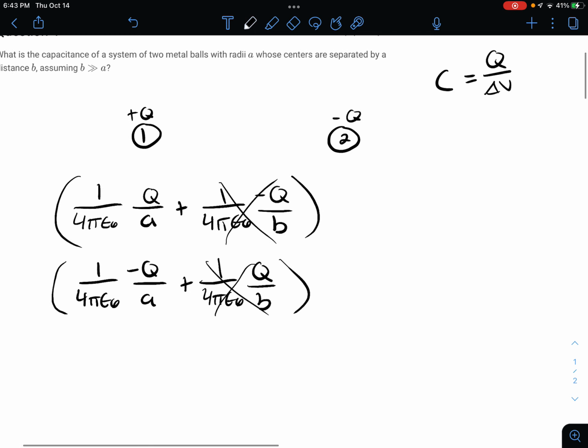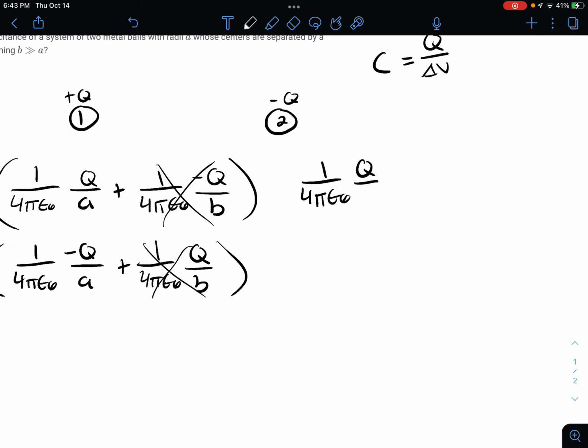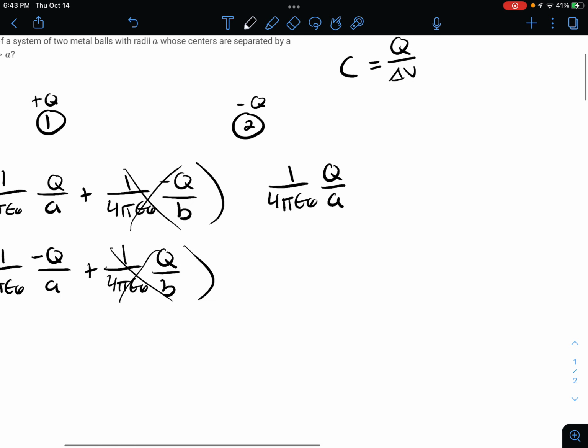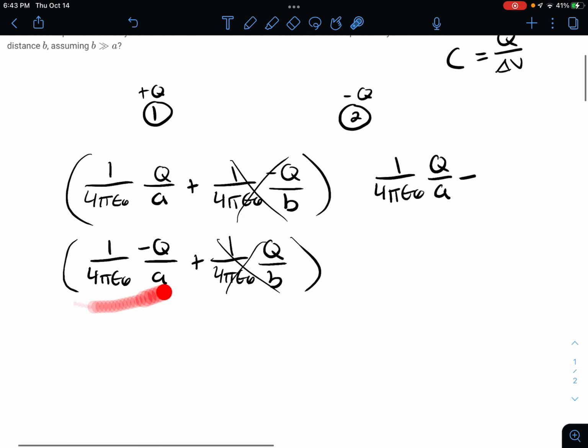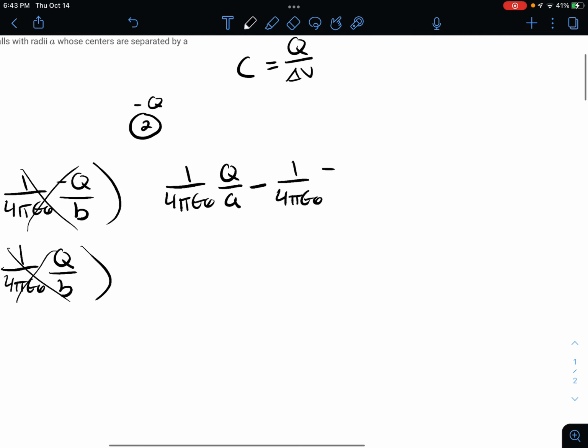So we're going to subtract: 1 over 4 pi epsilon naught Q over a, minus 1 over 4 pi epsilon naught negative Q over a.